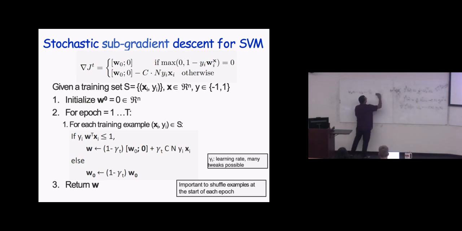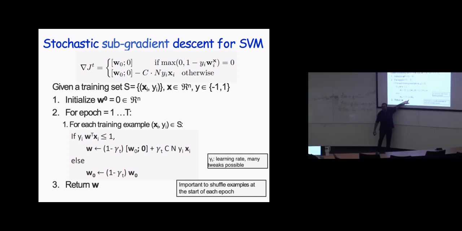So when the dot product is greater than or equals to 1, you have this, which is essentially 1 minus gamma t of W naught. This is what you see here, right?